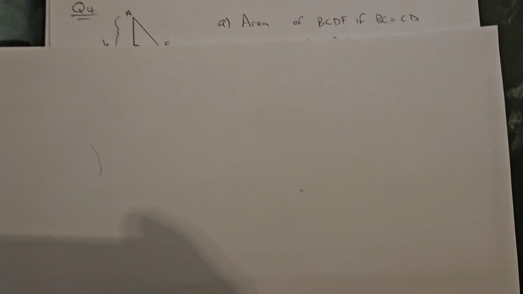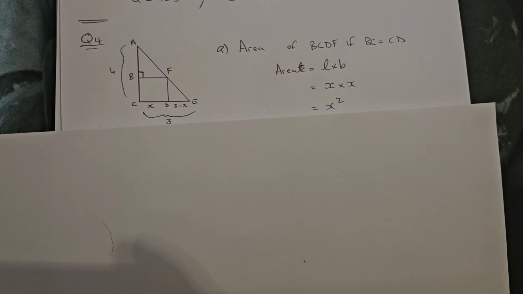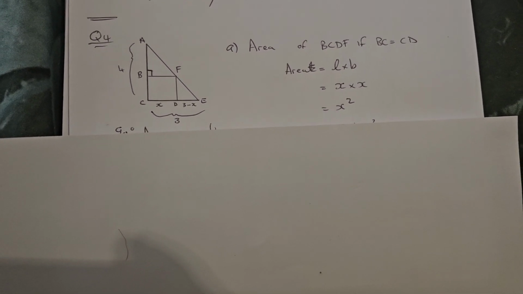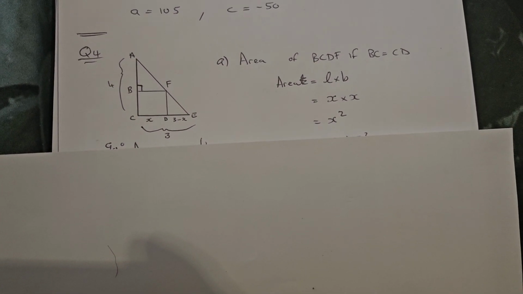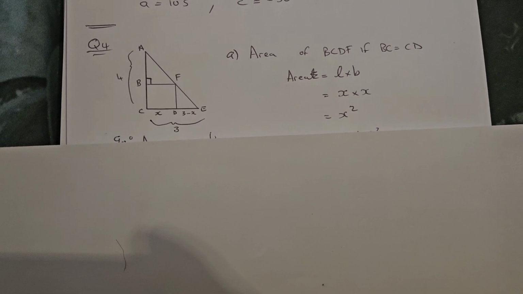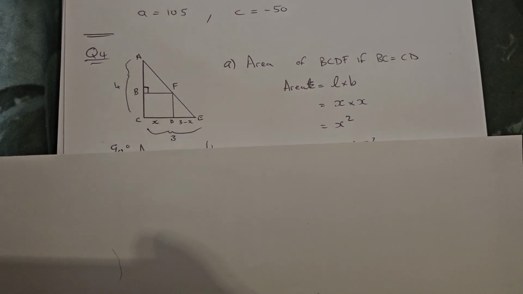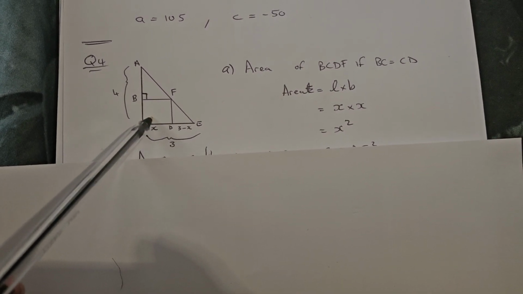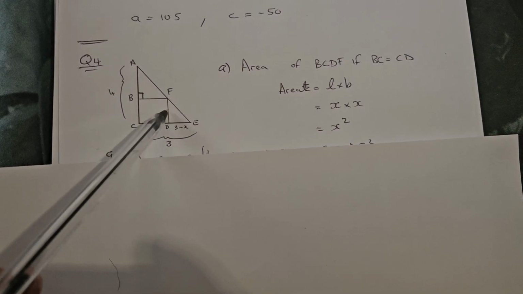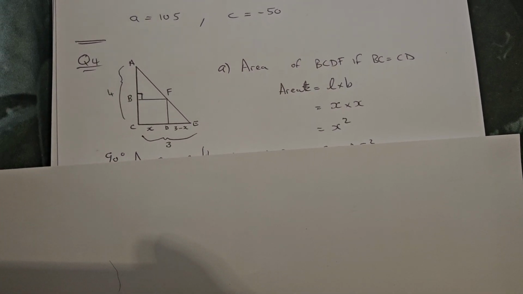So the last one, this one was the difficult one. You need to know how to do applications like these types of questions though. They give us this right angle triangle. By putting a rectangle in there, I basically have a rectangle, two little right angle triangles in there and one big right angle triangle.